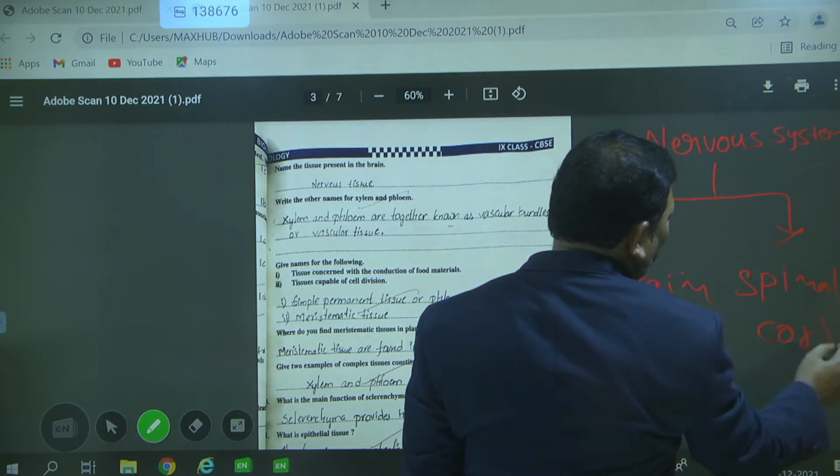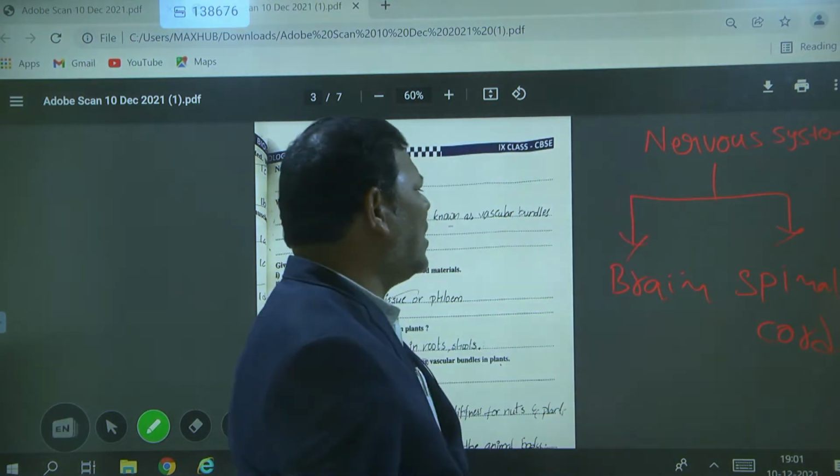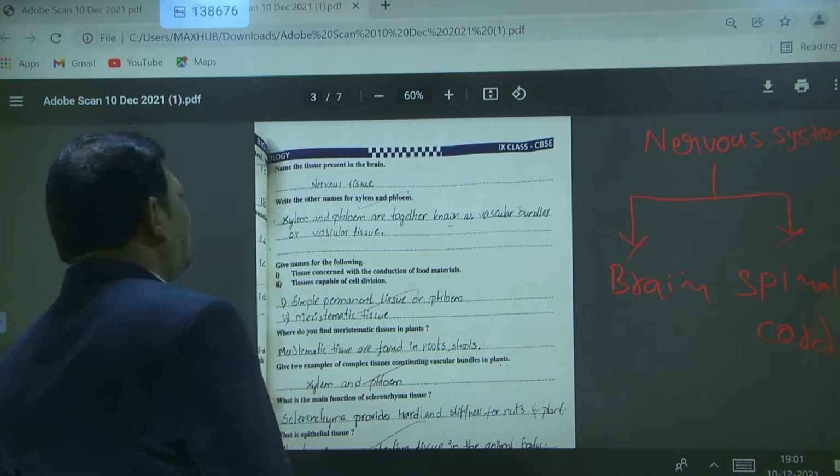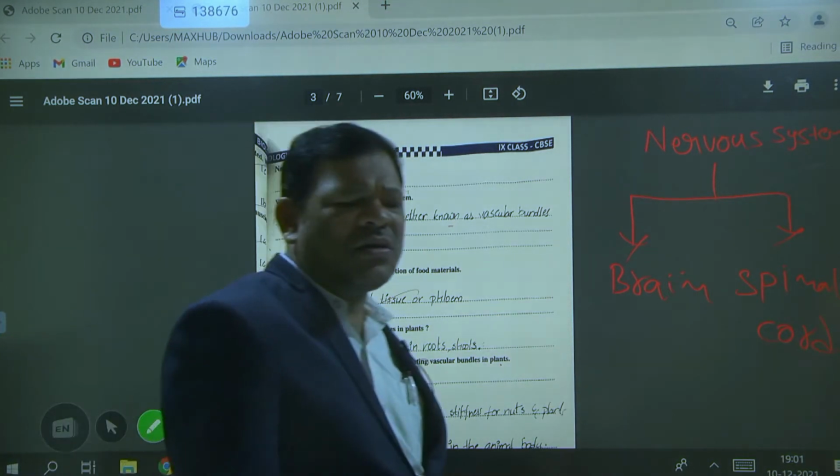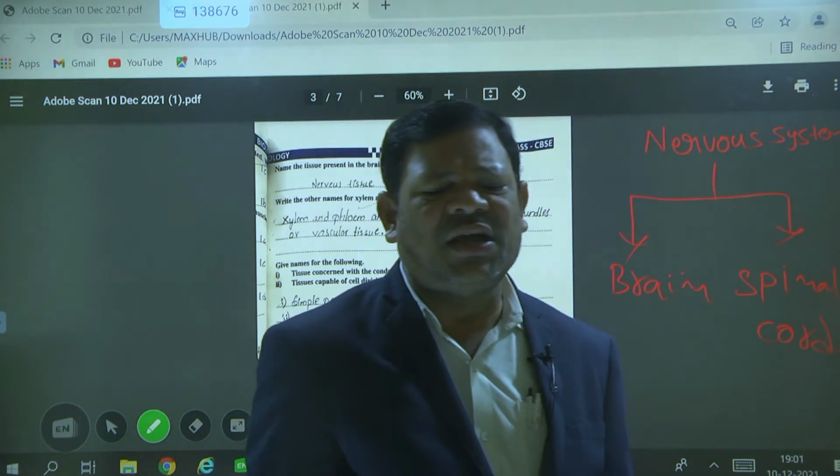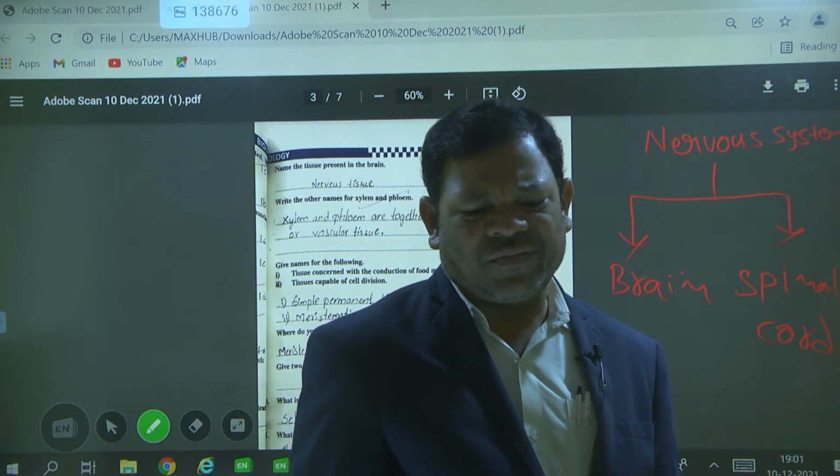These are the main important parts of the nervous system. In the brain, nerves are present. The neuron is the structural and functional unit of the nervous system. Yes or no?